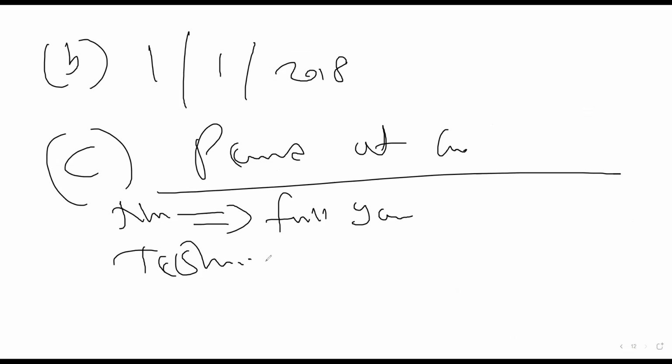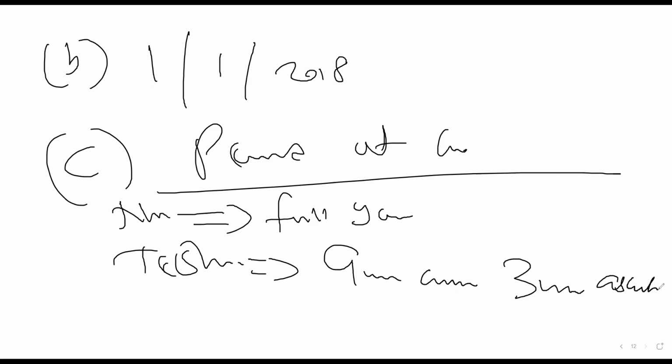So here for Teshi, consolidation is 9 months, and 3 months associates. But because this is a balance sheet, we will not do any consolidation. It's only when we are doing profit that we'll take 9 months into consideration. So we have established the point that Teshi will not be consolidated.